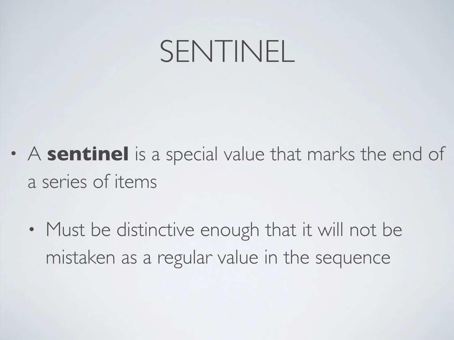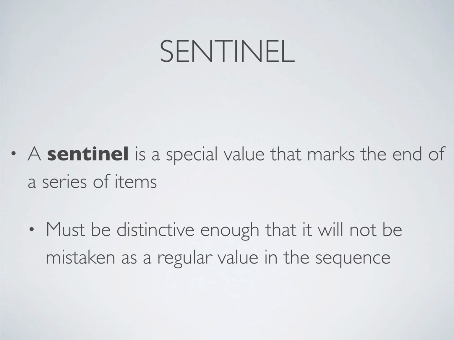Sentinels have to be distinctive enough that they will not be mistaken for a regular value in the sequence. Let's go back to the example of a program that asks the user for a bunch of names, over and over. Again, you don't know how many names you're going to ask for, so you could use a sentinel, and a good sentinel for this use case might be an empty string, because names are going to be inputted as strings.